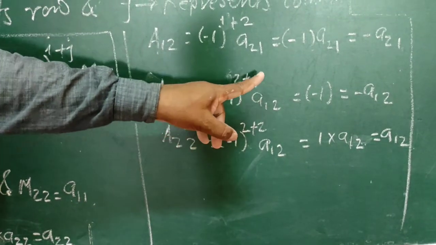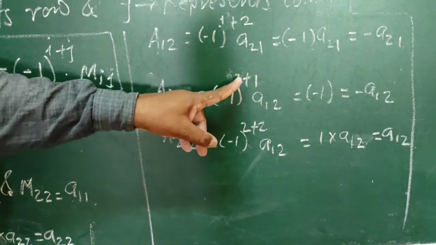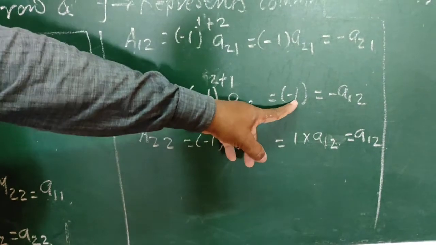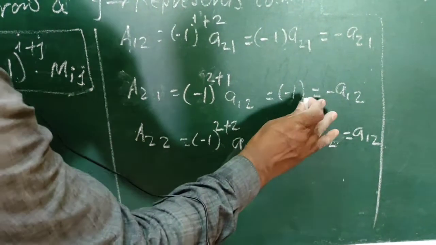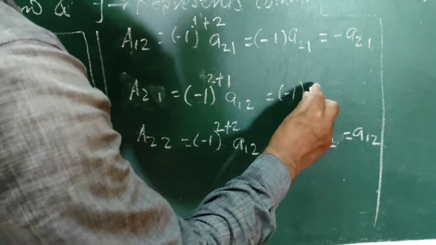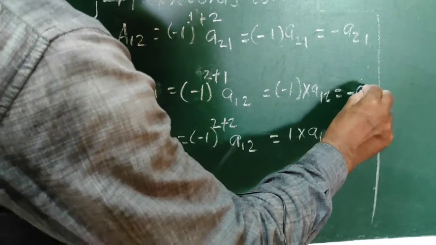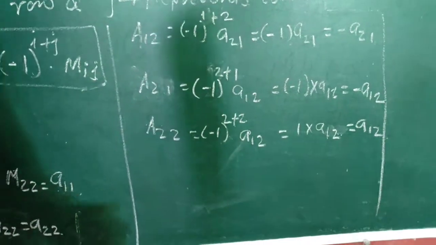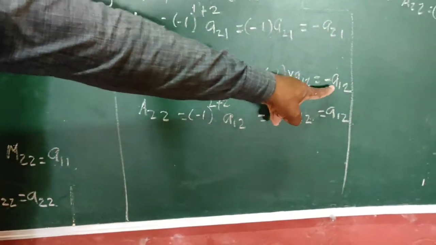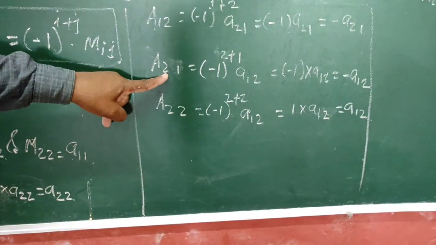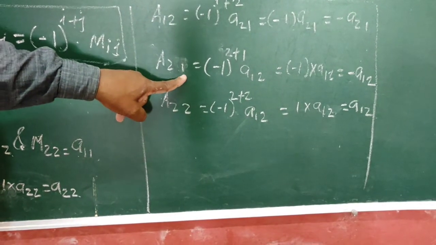So 2 plus 1 is 3 and minus 1 raised to the power 3 is minus 1. So minus 1 into A12 is equal to minus A12. So this is the cofactor of the element in the second row and first column.